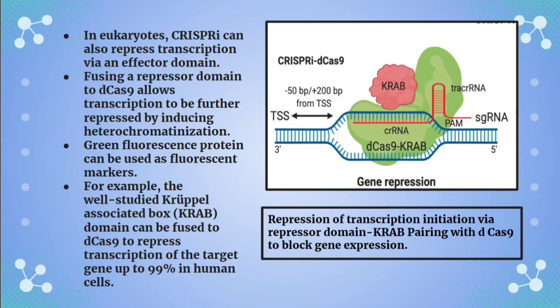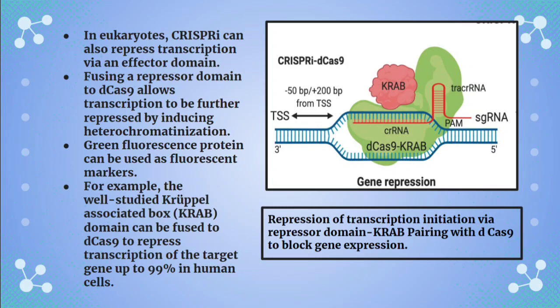One of the examples in eukaryotes where CRISPR interference is used is that it can also repress transcription via an effector domain. Fusing a repressor domain to D-Cas9 allows transcription to be further repressed by inducing heterochromatinization, which means conversion of euchromatin to heterochromatin.